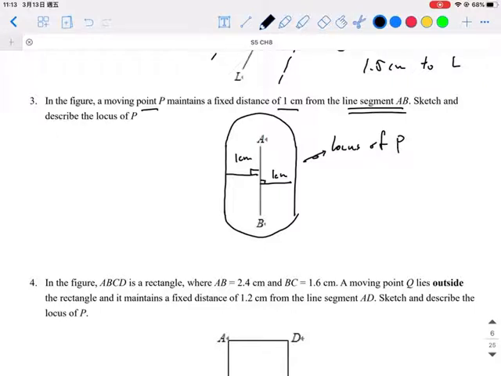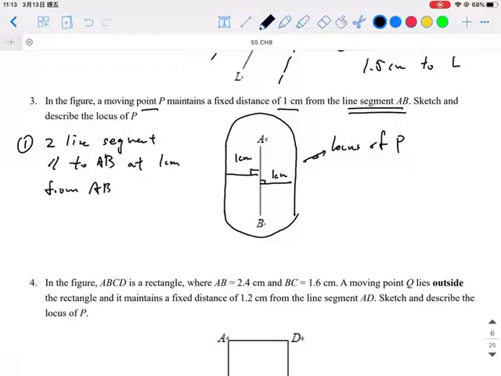How to describe it: the first point is two line segments parallel to AB at 1 cm from AB.